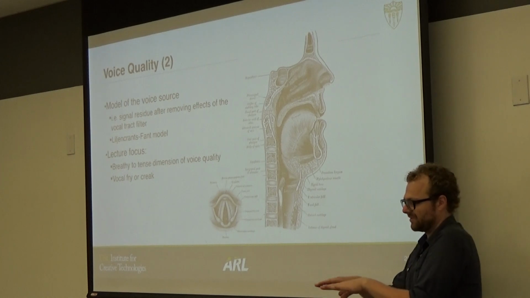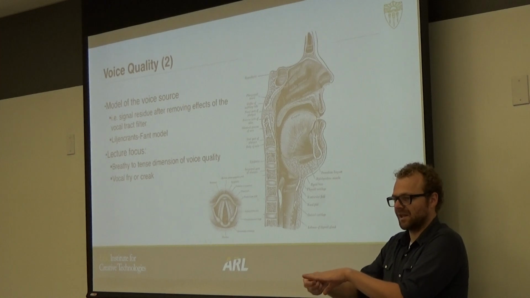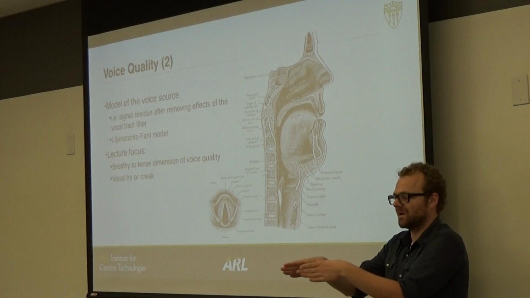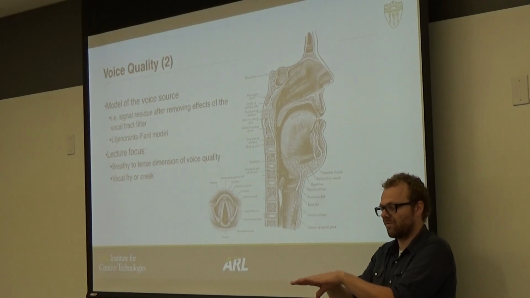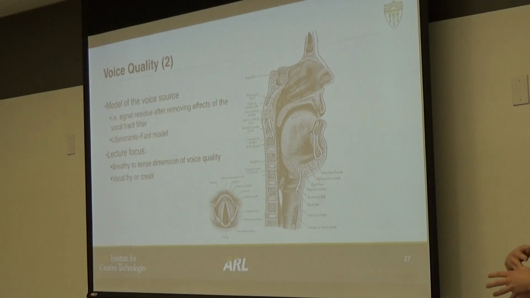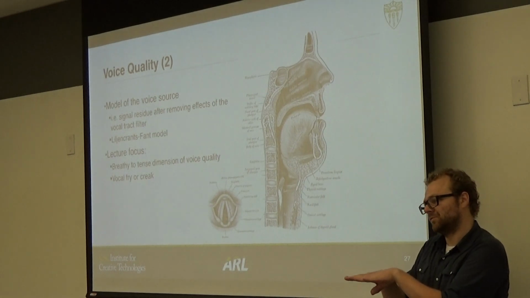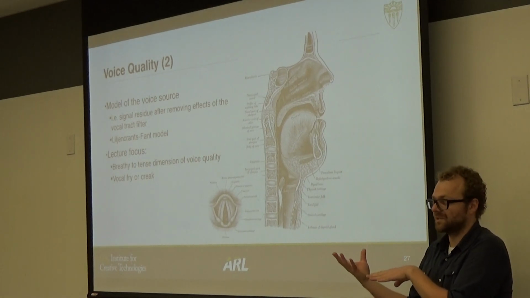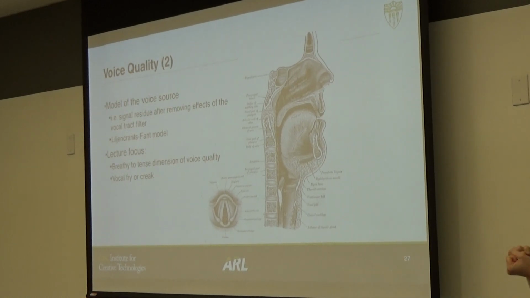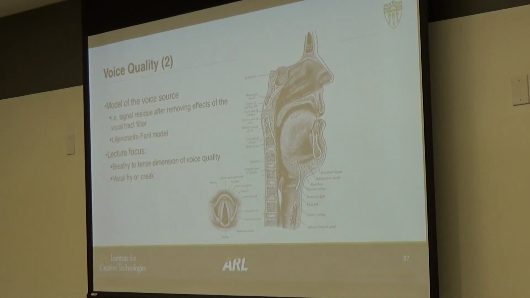But then, like the strings on a guitar, if the vocal folds are tied up very heavily, they're tense, and that's when the shape changes, whereas when they are loose, they can be more in the breathy kind of voice. So the tenseness of the vocal folds is directly related to the voice quality. They are connected to a muscle, so you can pull them, and that's what changes the voice quality.